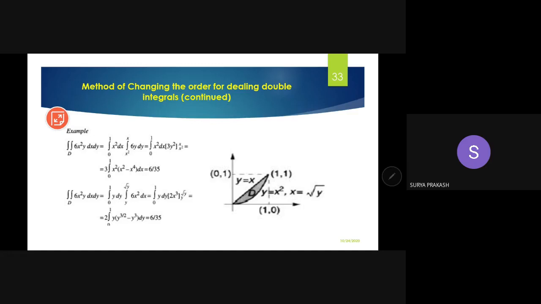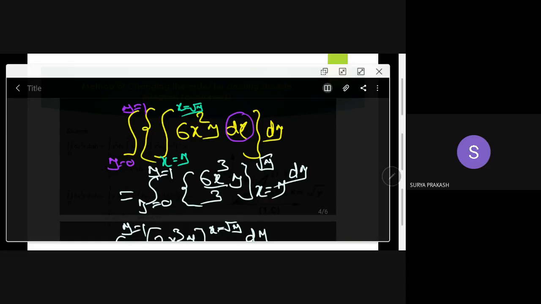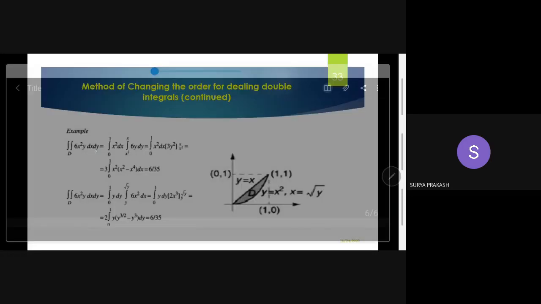In the second one, he is doing first with respect to y followed by x, pulling that x part out of the integral as a constant. And in the other one he is doing with respect to x. That's why we got root y, I told you that, and here x square, we have done already that, then followed by y. That is all about this slide.